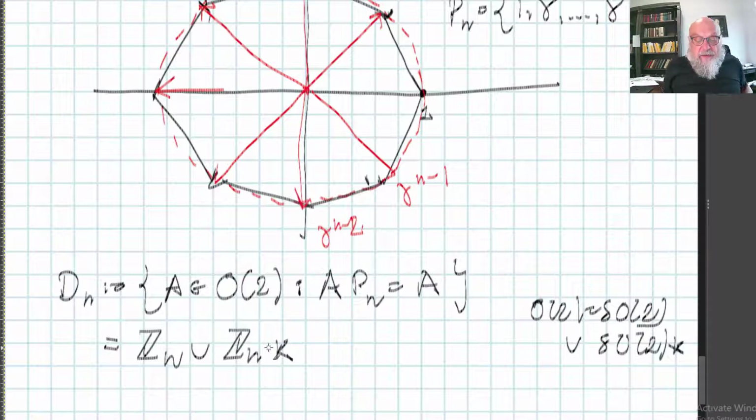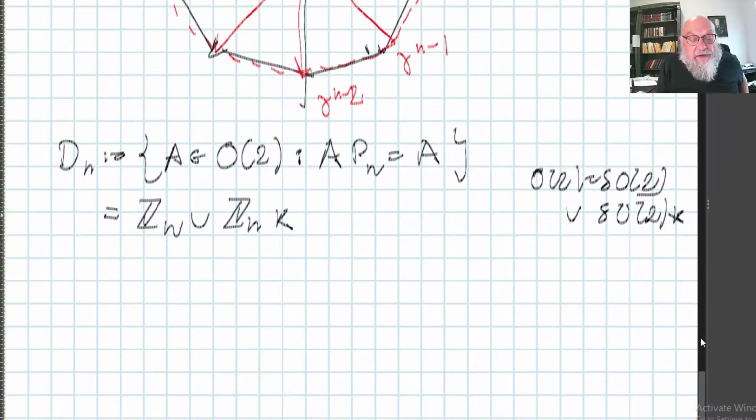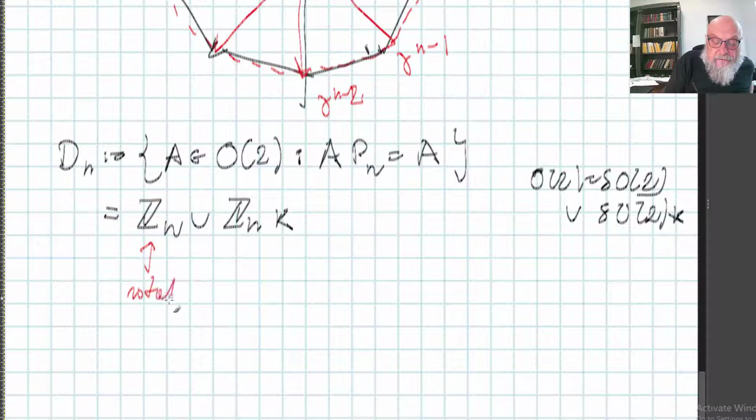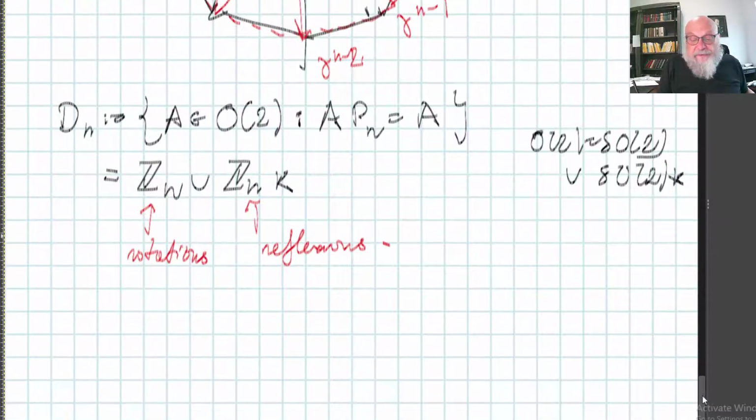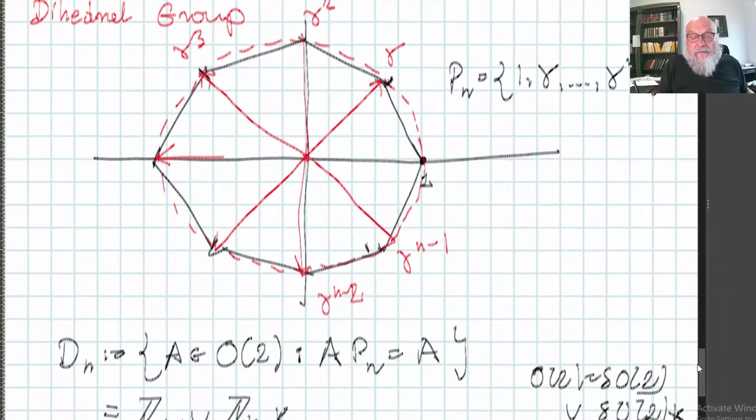So the dihedral group is basically composed of this particular union. So here clearly these are the rotations, and here we have reflections. So we have here reflections.